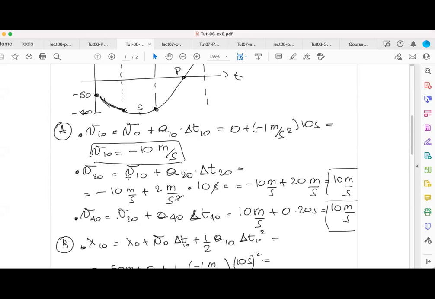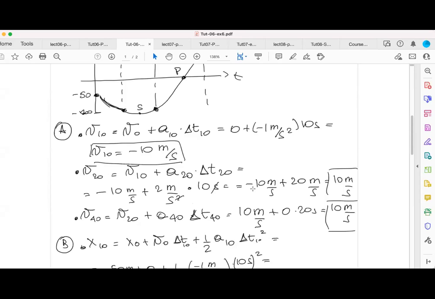So here, the initial velocity, you're just going to use the one that you calculated before, -10 meters per second, plus 2 meters per second square multiplied by 10 seconds. You know that seconds and seconds go away, which makes sense because we are looking for a velocity. And so this needs to be a velocity.